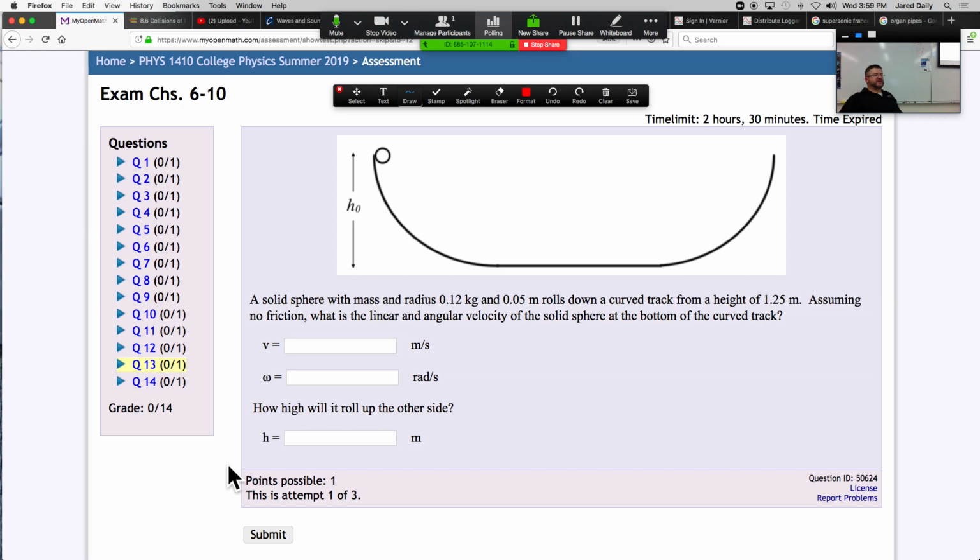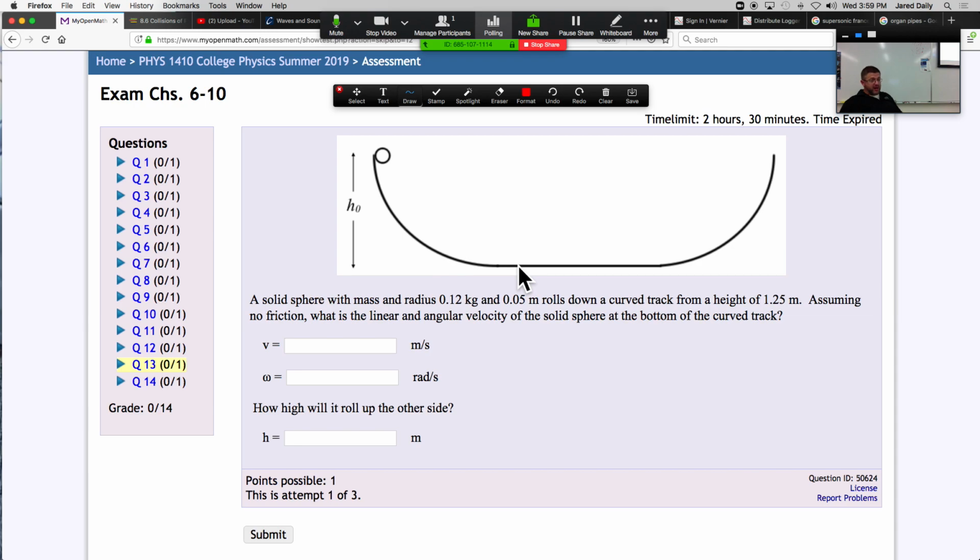So this one is very similar to the sliding box trick, but it's rolling. So when things roll, they have more than one kind of energy. You can have kinetic energy due to your movement, but you also have rolling kinetic energy. So there's two kinds, a rotational kinetic energy and a linear kinetic energy. At the top, there's still just potential energy.